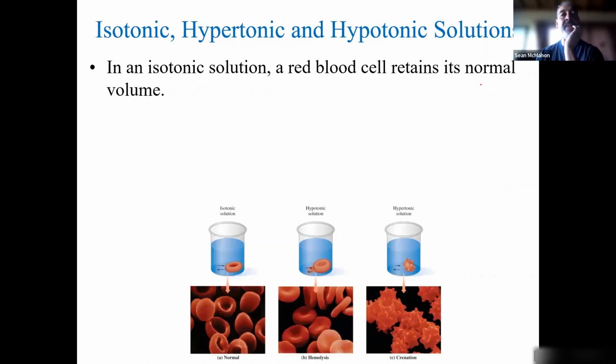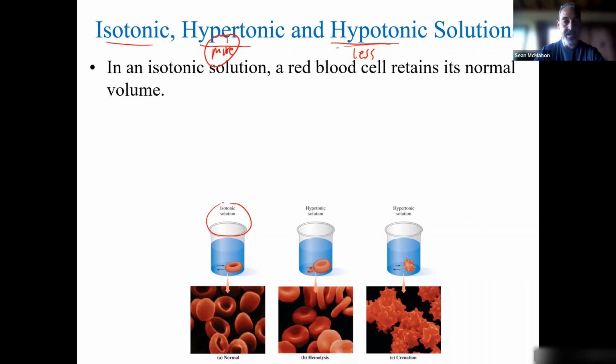So here's an example of the red blood cells in isotonic, hypertonic, and hypotonic solutions. Hypertonic is more concentrated than the red blood cell. Hypo is less, okay? So in an isotonic solution, the water goes back and forth.